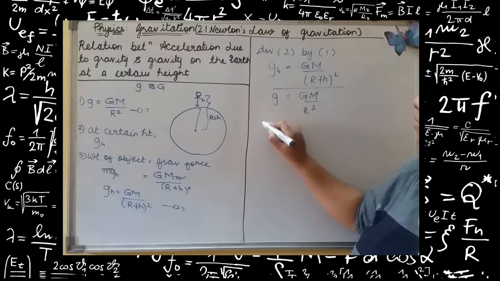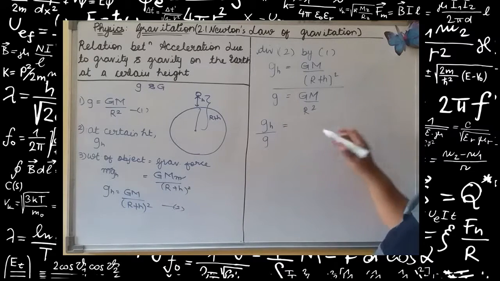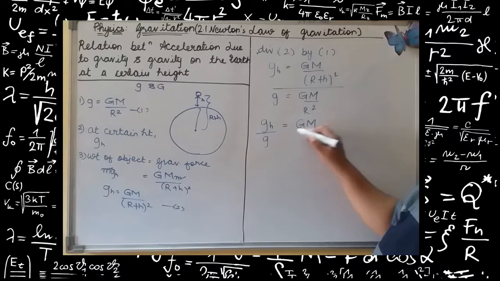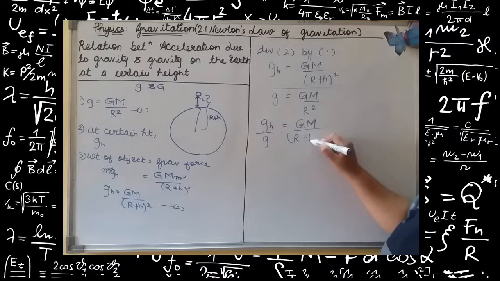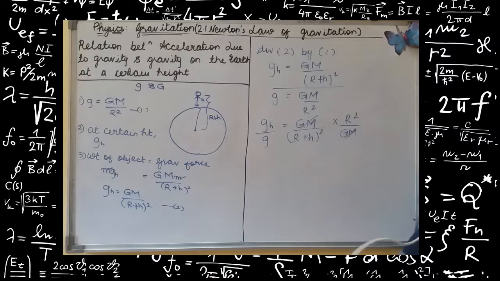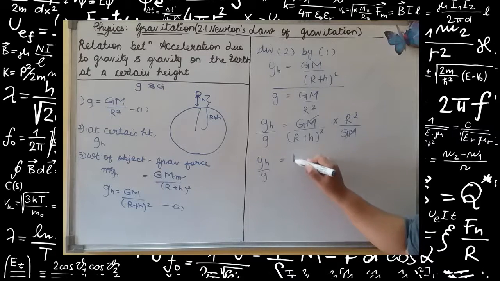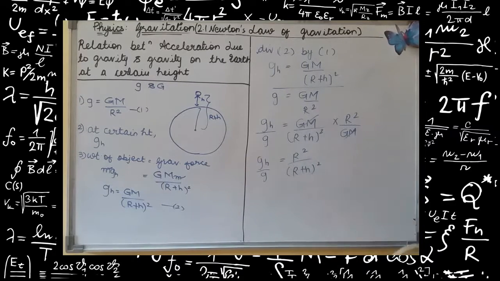So we'll write left hand side and right hand side together. G m gets cancelled. So what do we get? g_h upon g is equal to r square upon (r plus h) the whole square. We can write this equation together.